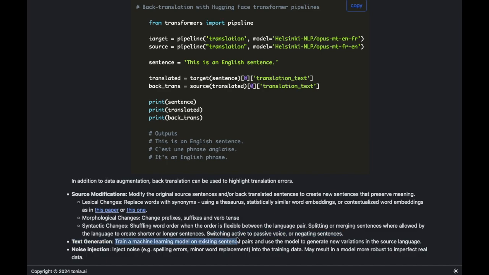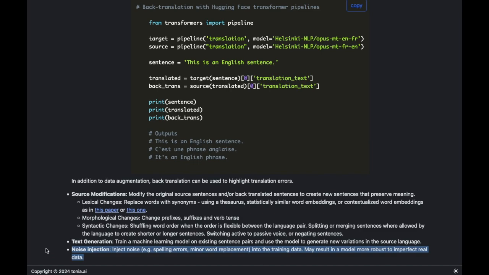So train a model on existing sentence pairs, so that the model can then generate text in new variations in the source language. That is a way to augment the source language text in an automated fashion using a trained model. And finally, you can do noise injection.